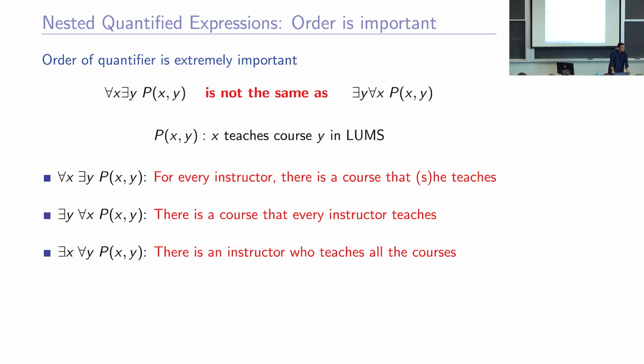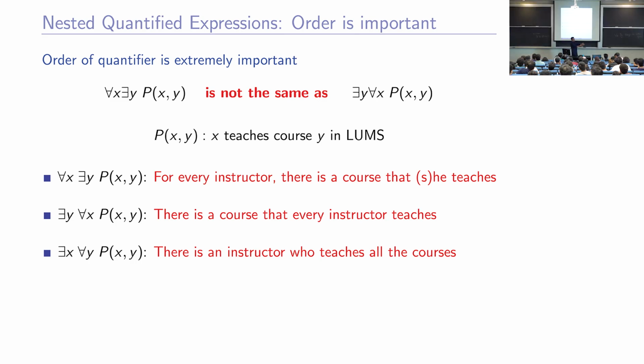They had a quarter system, four quarters a year. So again, the truth value is a different story, but you know the statement is different.